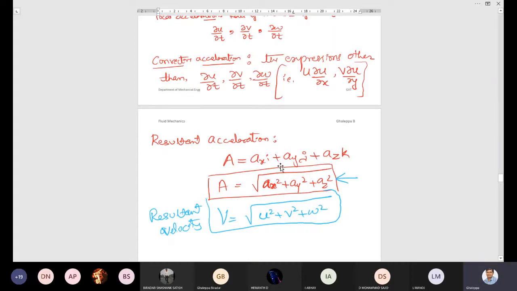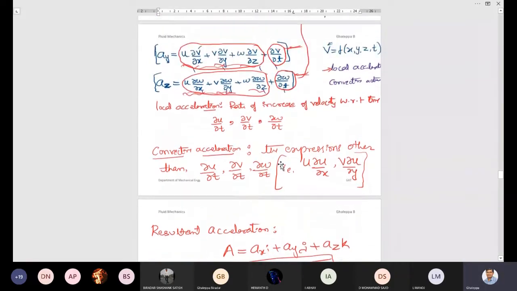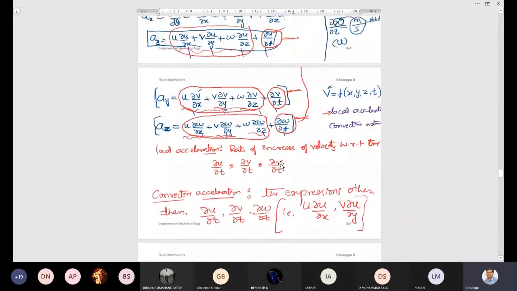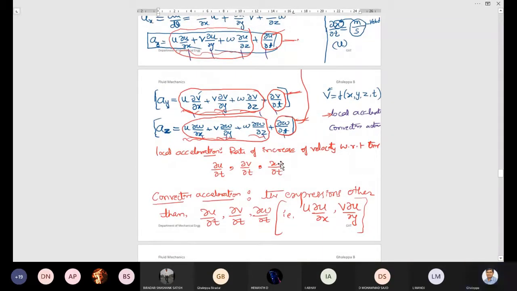My dear students, sometimes in the question paper they ask you to write this expression for steady flow. Listen carefully to what I am asking you. What is this expression? Velocity, acceleration in x direction.